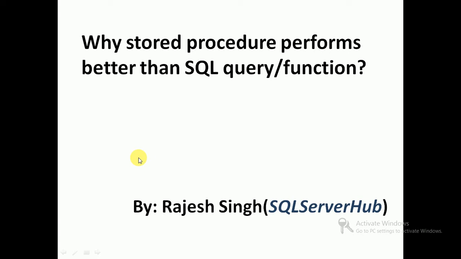And when you go with a different parameter like employee ID 1 or 2 or 3 for the stored procedure, it will reuse the old plan every time. So that's why a stored procedure performs better than a SQL query as well as a function.